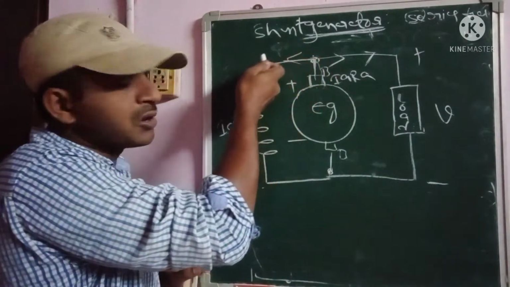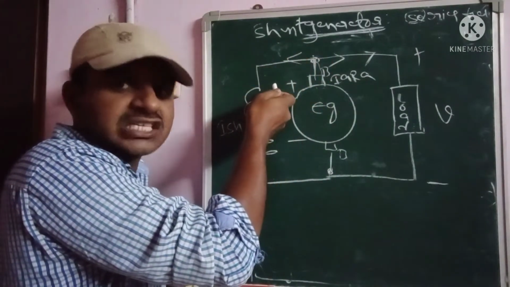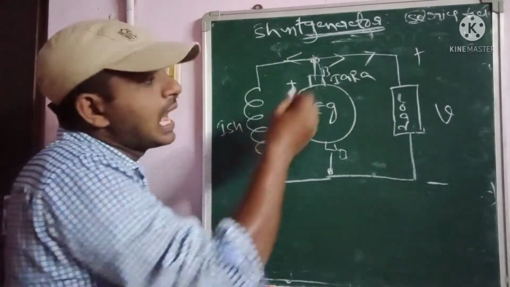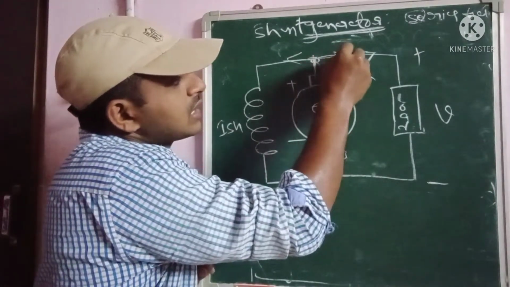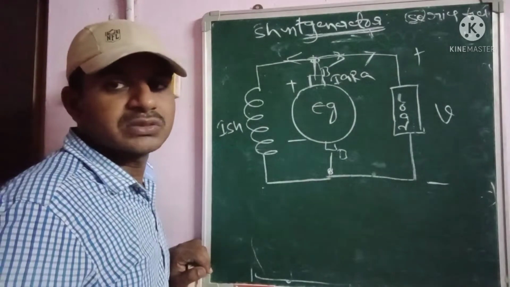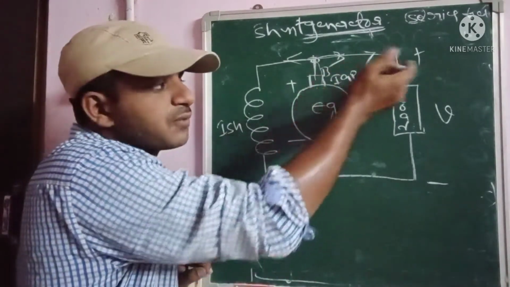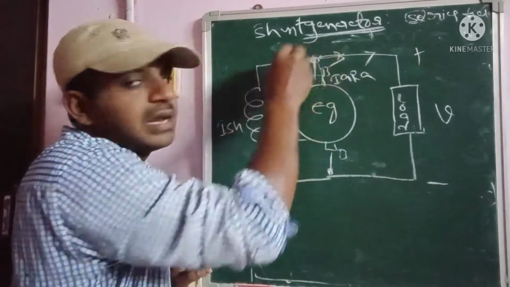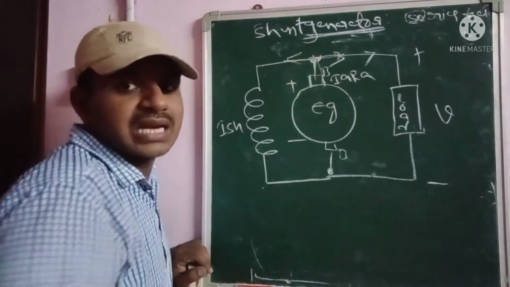Some of the armature current flows to the shunt field winding, and some of the armature current flows to the load. Here acts as a junction point.